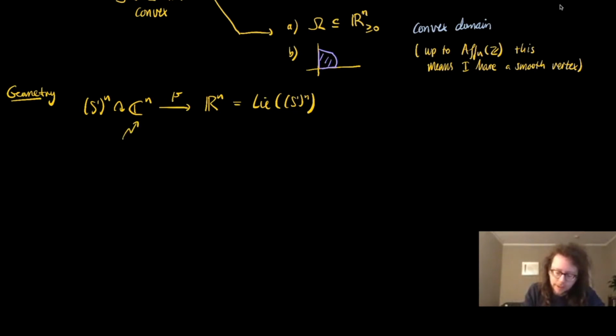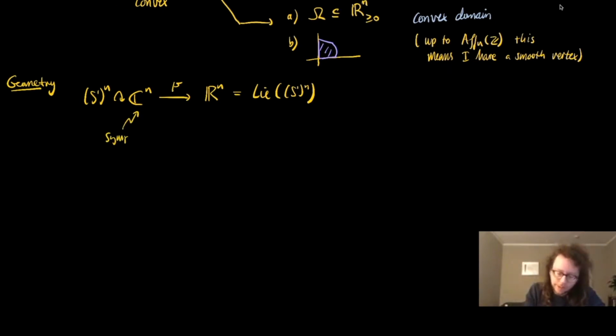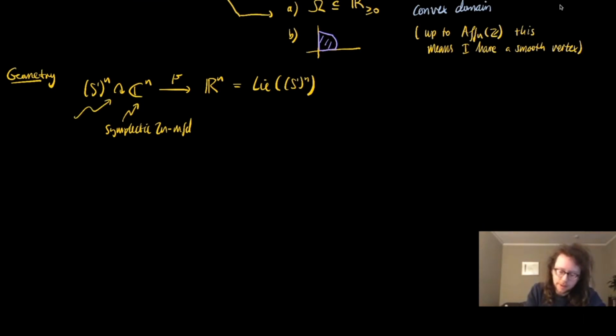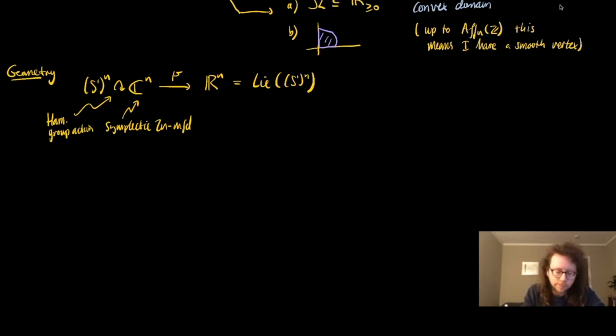Here I'm thinking of this as a symplectic 2n-manifold with a Hamiltonian group action. Let me also write what this map is really doing.